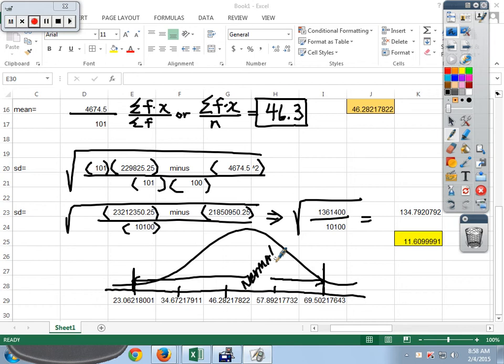That's what Vegas depends on. Vegas depends on probability. And probability is based on this curve right here. And you can't have the curve unless you find the mean and the what? The standard deviation of your population or your sample.